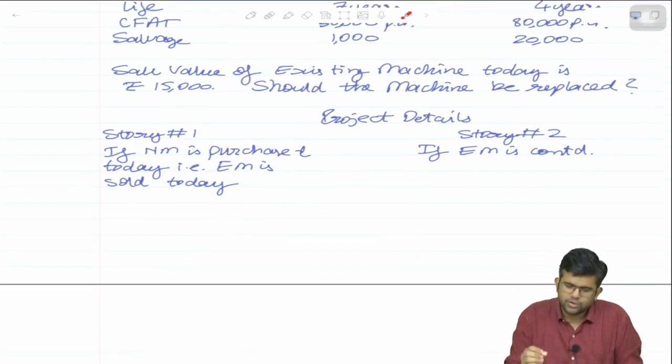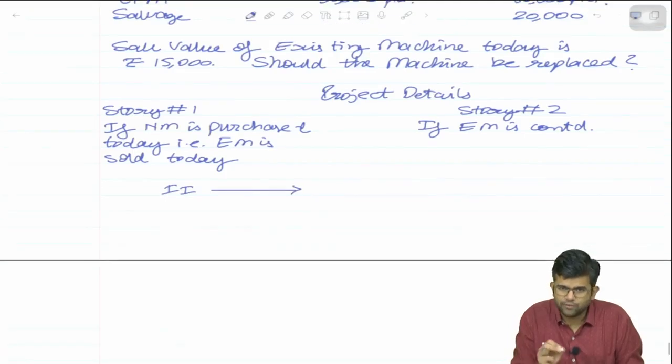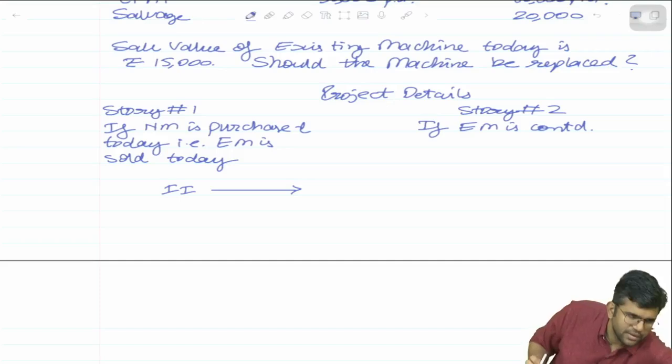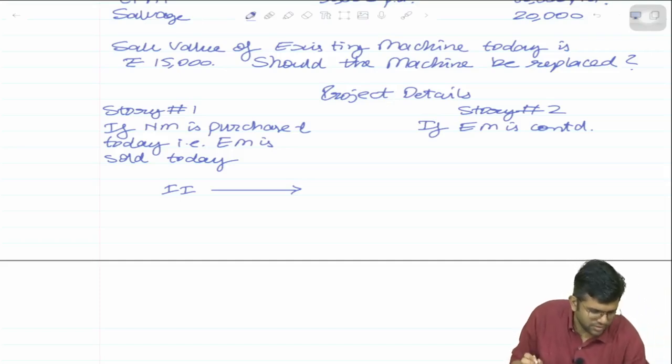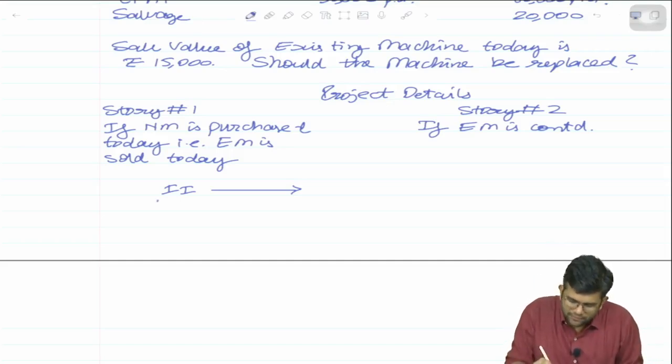So I will talk to myself like this: if the new machine is purchased, then there will be an initial investment that I will have to do today, resulting in a cash outflow. As soon as I do this initial investment, I also on the same day will sell the old machine, correct?